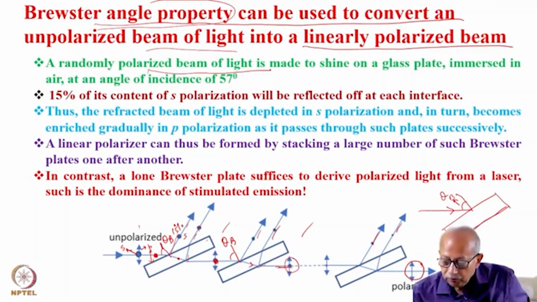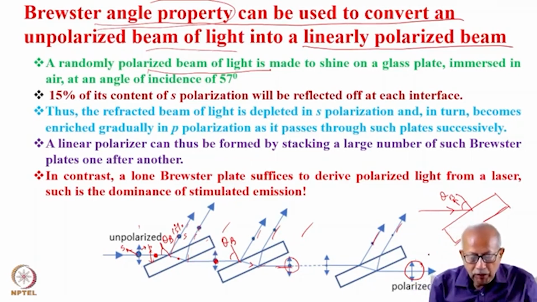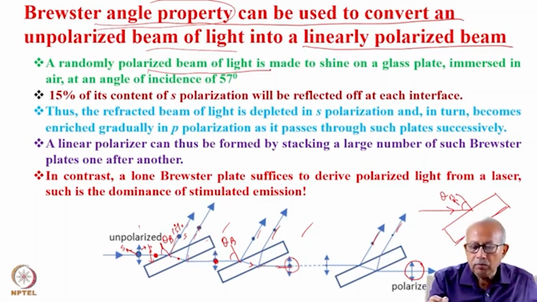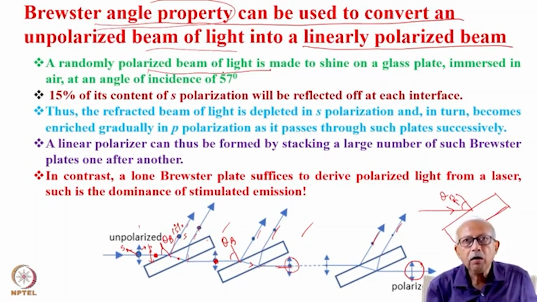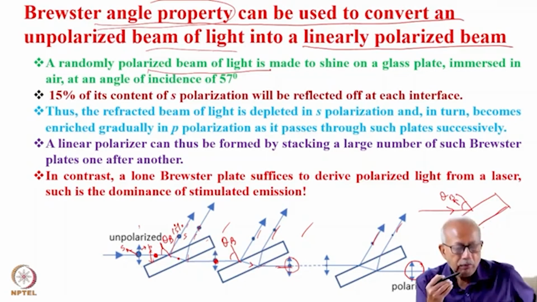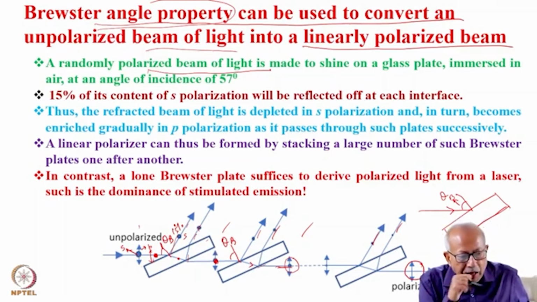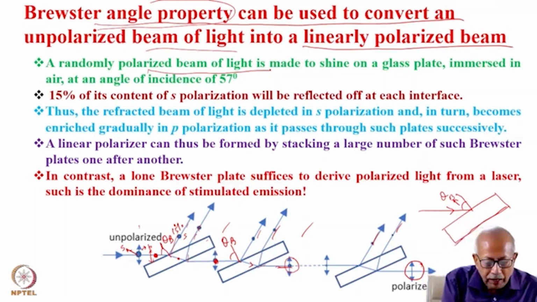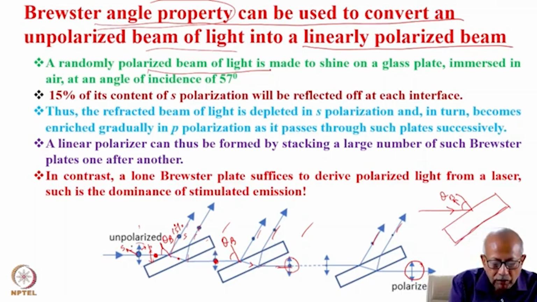This is how, by taking advantage of the Brewster angle of incidence, where P polarized light cannot be reflected, you can convert unpolarized light into plane polarized light.